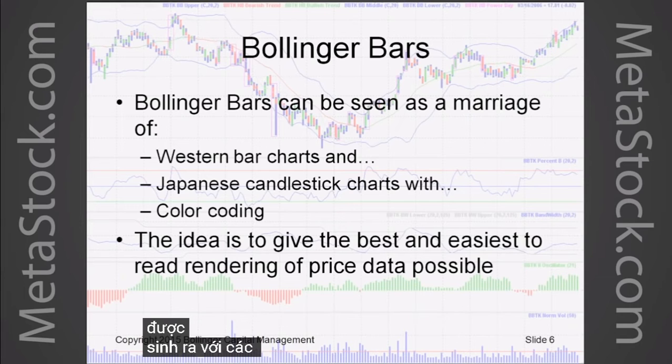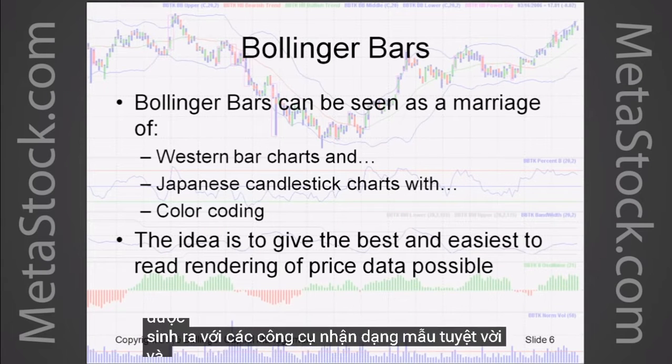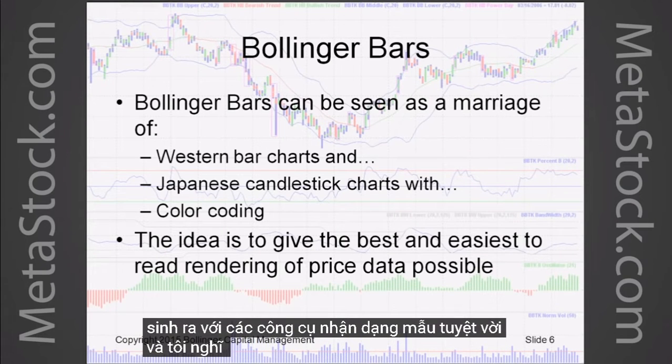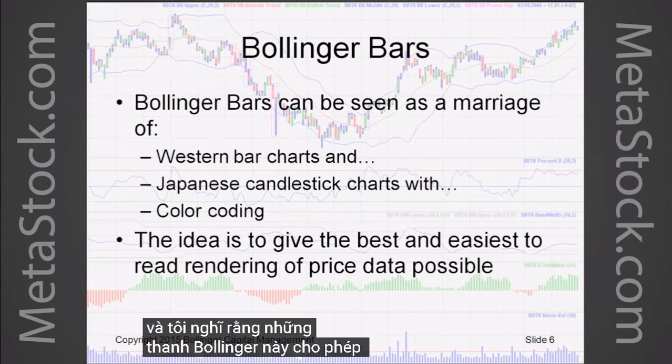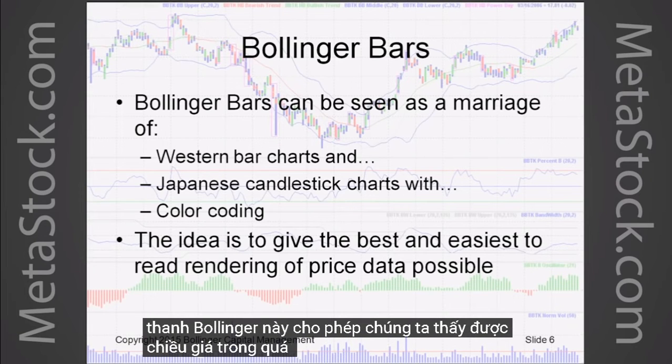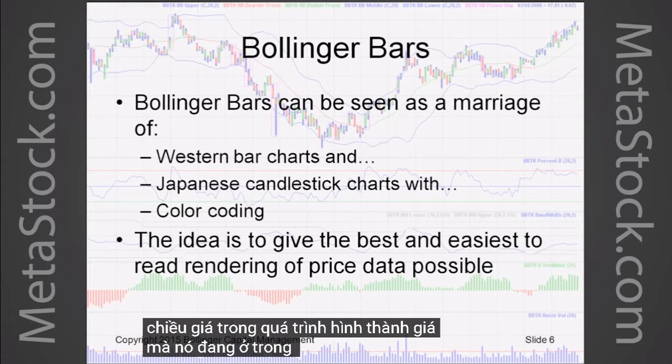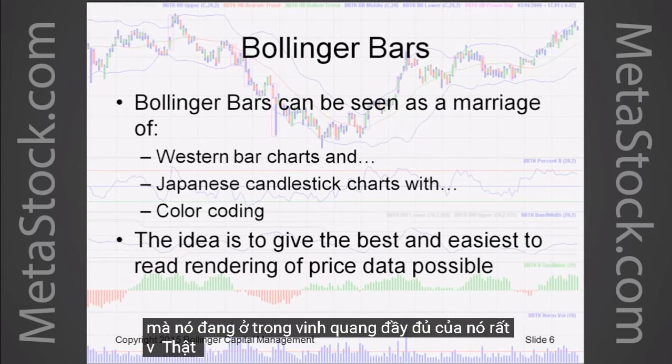We were born with fantastic pattern recognition engines, and I think that these Bollinger Bars allow us to see the price dimension, the price formation process in its full glory, very, very easily.